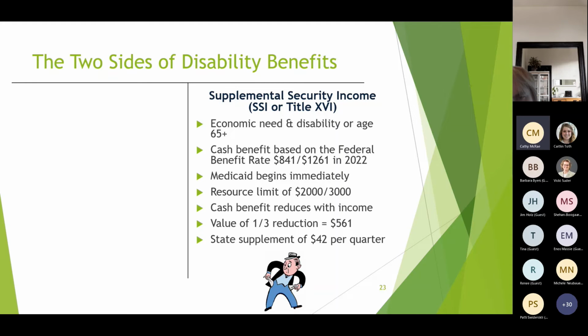And then if you don't need that money, or you feel bad about taking money from your kid, or whatever the reason might be, you can take that money and put it into an ABLE account for them. And then the state does provide a supplement. It's $42 per quarter, so every 3 months. Very exciting amount of money, I know. Let's move to the next slide.